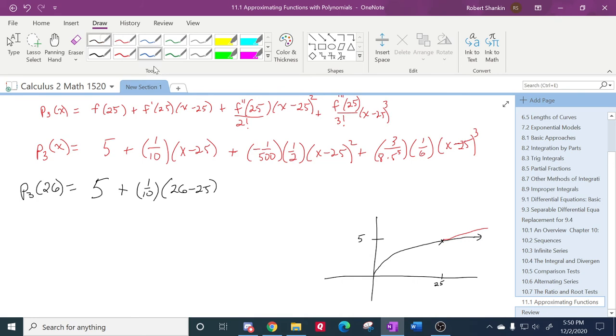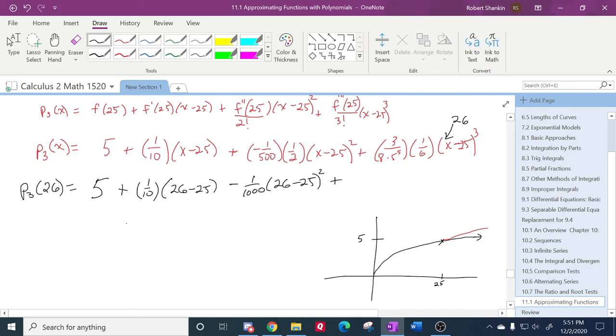The next thing is we'd use the second derivative at 25, which is concave down. And so when you put these together, we get minus 1/1000th times (26 minus 25) squared, plus, and then this one turns out to be 1 over here as well. We plug in our 26 right here.